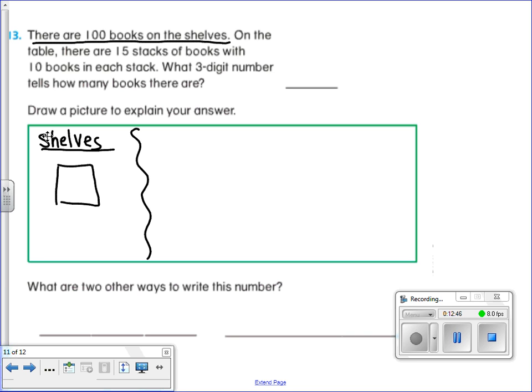And then let's look at the books on the table. There are 15 stacks with 10 in each stack. What can I draw to represent the 15 stacks with 10 in each stack? Vanessa?